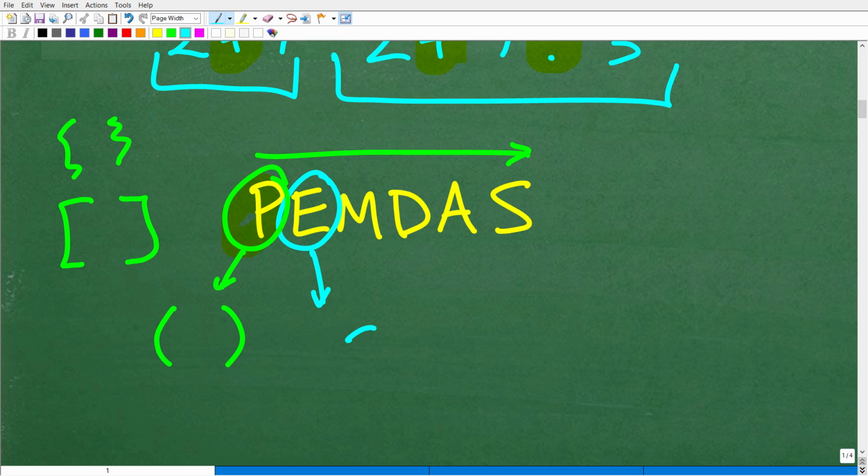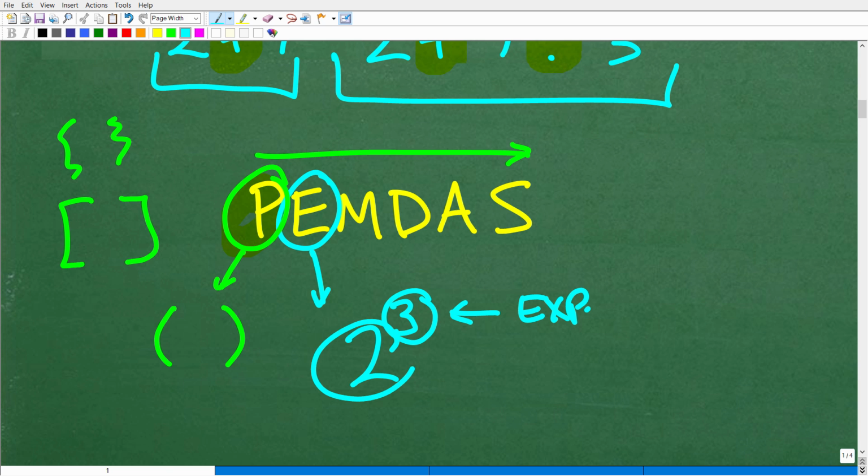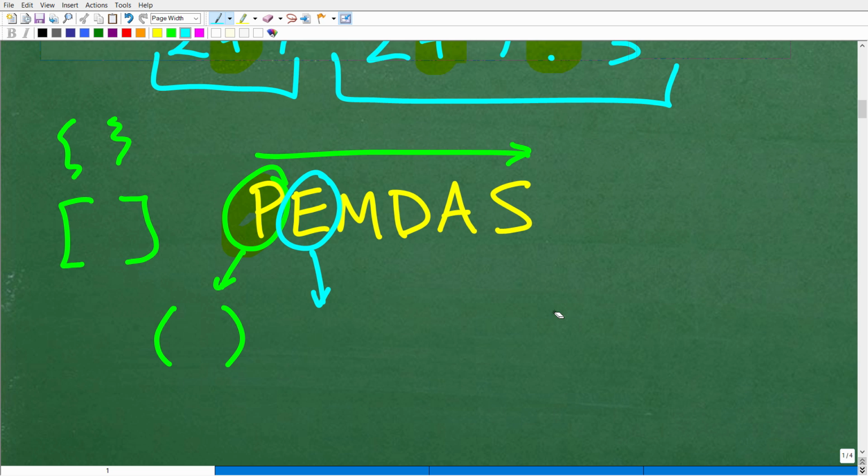All right, so for example, 2 to the third power, the 3 is the exponent part of the power, the 2 is the base, the entire thing is a power. So E in PEMDAS stands for powers or exponents, right? But you're going to be looking for things with powers. Now, of course, in our problem, we do have powers, so we want to be thinking about PEMDAS, even though there's not too many operations here, we still review our mental checklist, this PEMDAS.